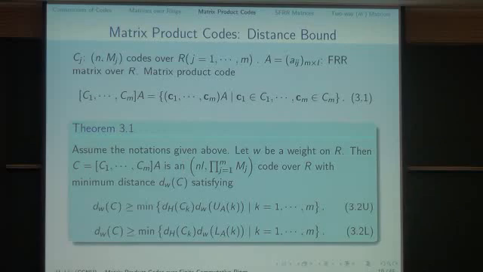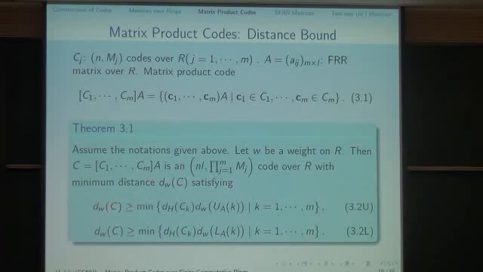Assume the notation is given above, and we suppose W is a weight on R. Then the constructed matrix product code is a code with parameters: length NL, size the product of the m_j, and minimum distance d_W. Here we don't need the Hamming weight or another specific weight, just a weight is enough for d_W.